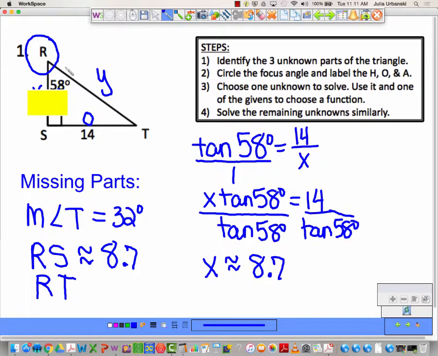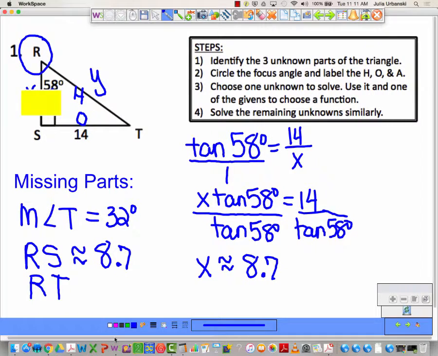What letter stands for RT here? H. H, good. And so O and H make sine. Now at this point, you could use Pythagorean theorem if you chose to.